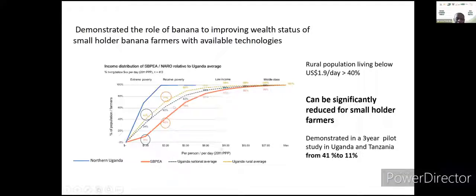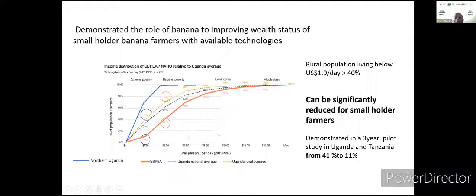This black one is the national average for Uganda, which is about 34%. Now, these are the ones where we are operating with the banana, and actually here we have 11%. So you can see when you compare with many other situations, the banana farmers are relatively much better than the other communities.